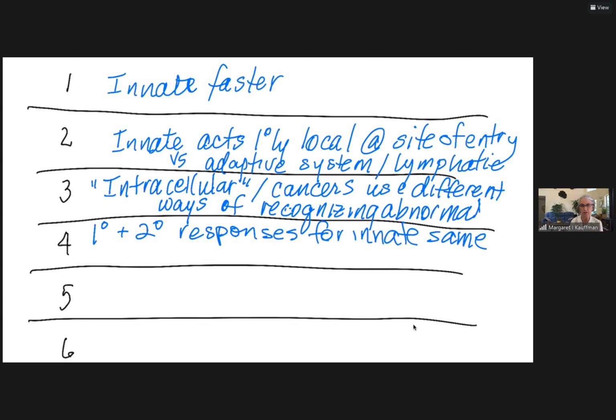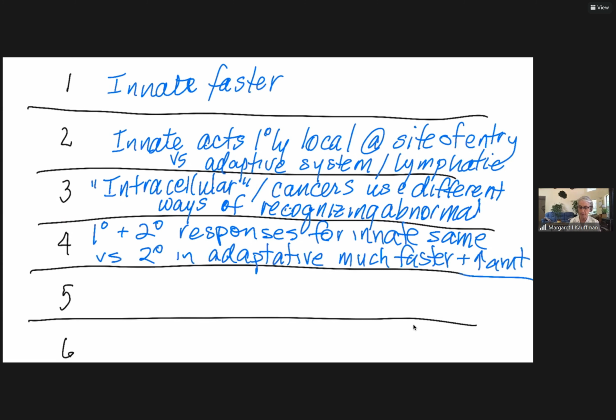But it's not dramatic like you see with primary versus secondary in adaptive. You're seeing a much bigger response, and it's much faster. Increased amount, I'll put. Okay, that's amount, by the way, in my trying to fit into my boxes here.